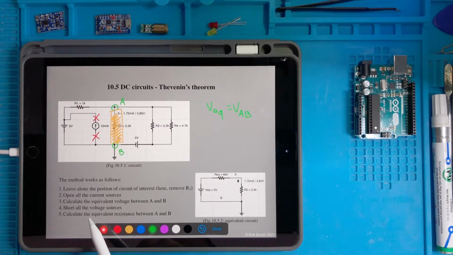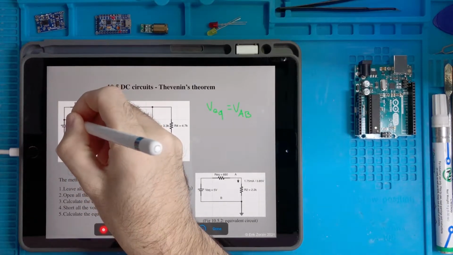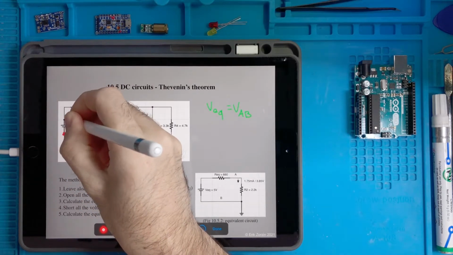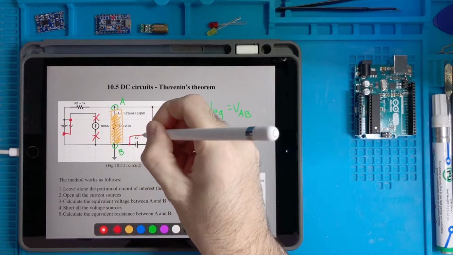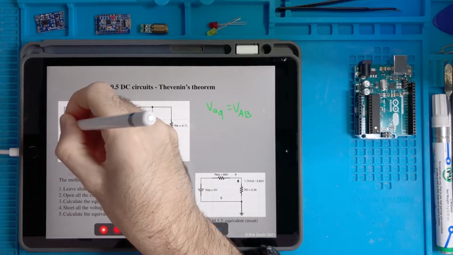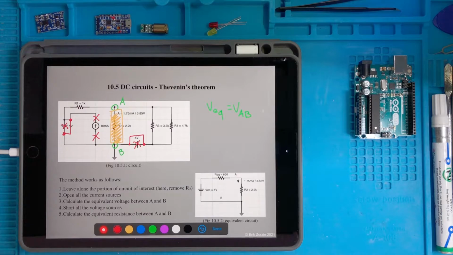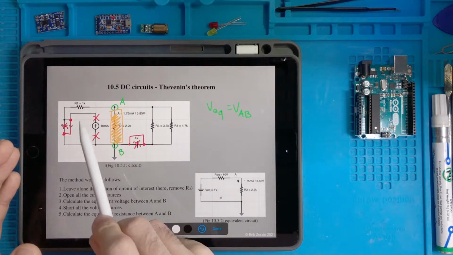Then we short all the voltage sources, which means that we put a bridge like a short circuit, and if you prefer, after this you can also remove the voltage source. And then you calculate the equivalent resistance between A and B. Calculating the equivalent resistance means that we probably have to do some parallels and some series.